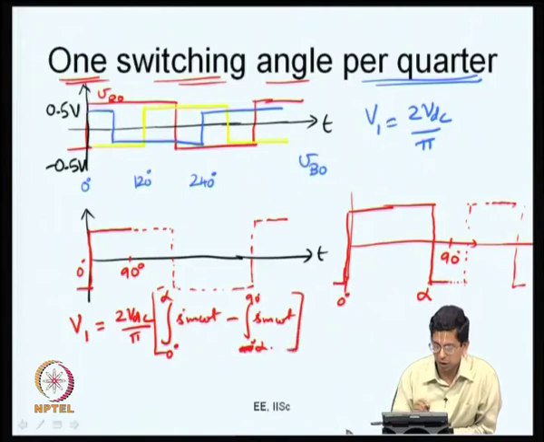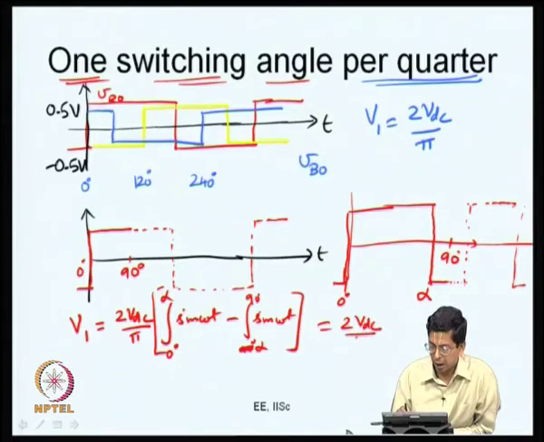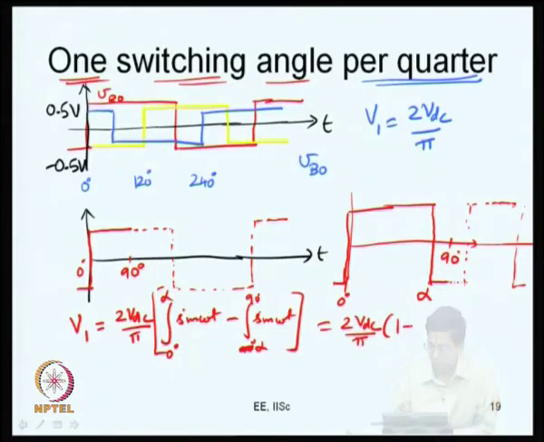This is what essentially you are going to have. So, what is this going to be? It is going to be 2 VDC by pi times 1 minus 2 cos alpha.